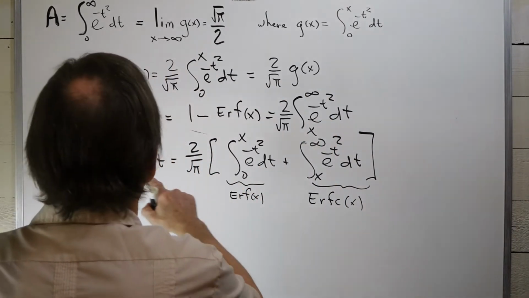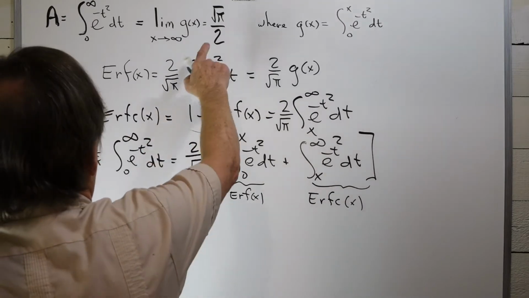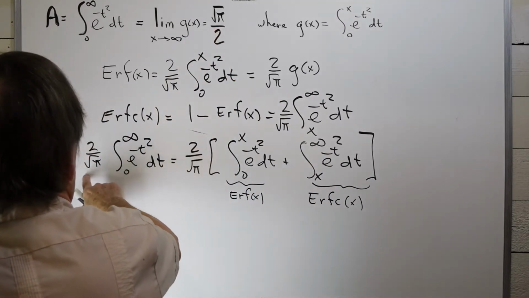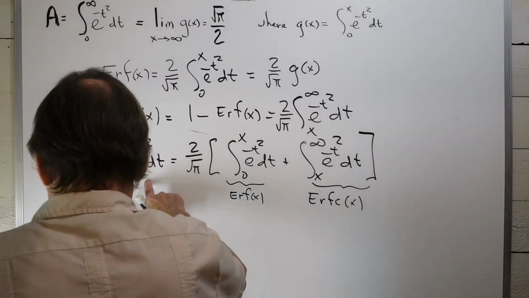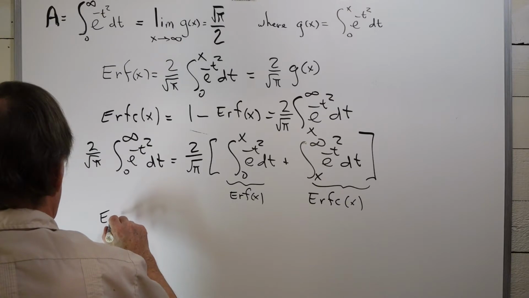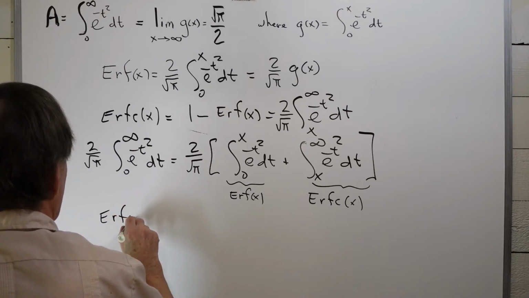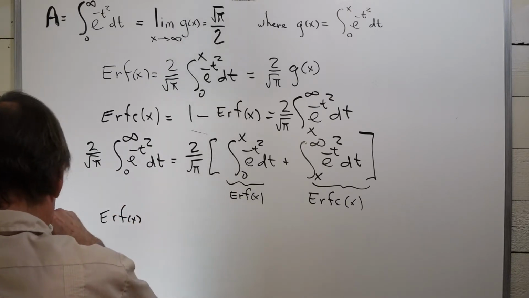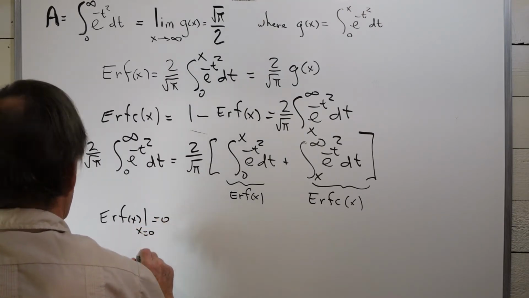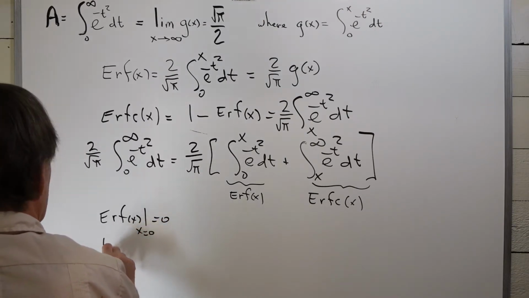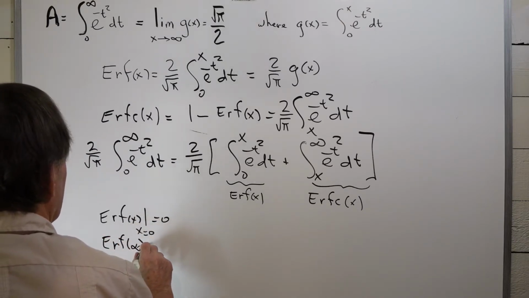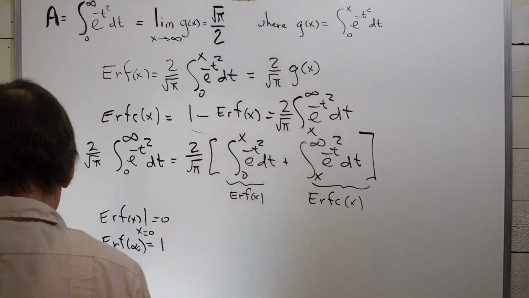So then, we know from past experience that the error function when evaluated at x equals 0 is 0, and when evaluated at infinity it's equal to 1.